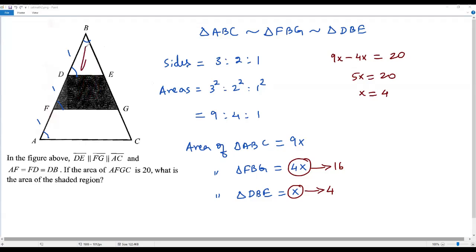If I subtract the area of the triangle DBE from the area of the triangle FBG, I'll get the area of this shaded region. So I have to subtract the area of the smallest triangle DBE, which is 4, from the area of the triangle FBG, that is 16. So 16 minus 4 is equal to 12. So the area of this shaded region is 12 square units.